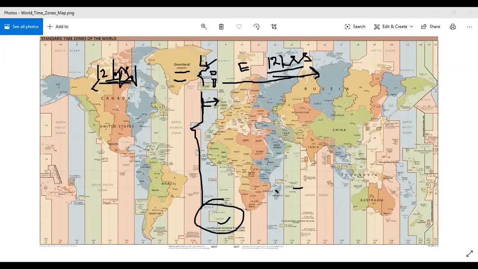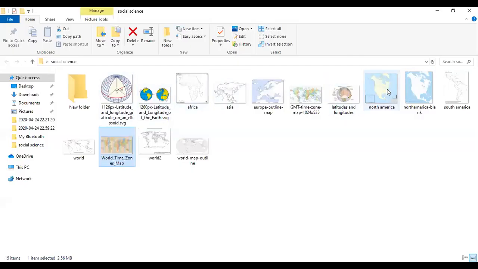Now let's assume we're starting the rotation over here. This map is not so clear, so I'll show you another map.